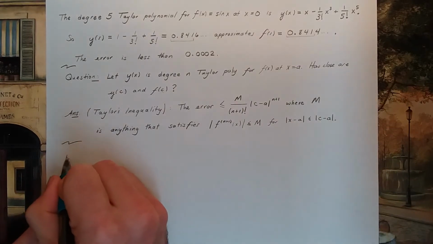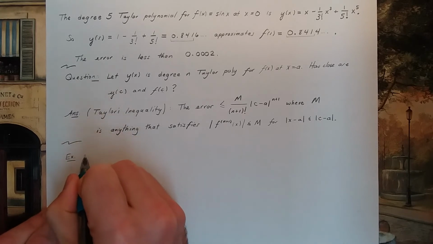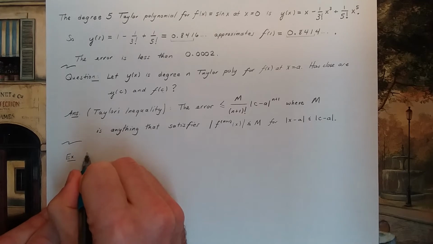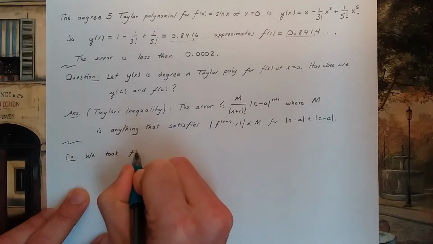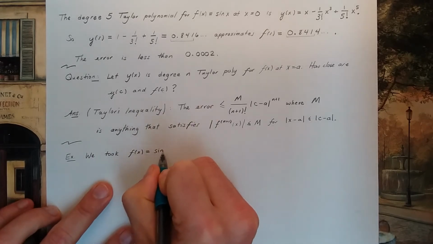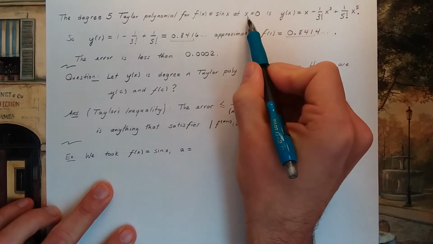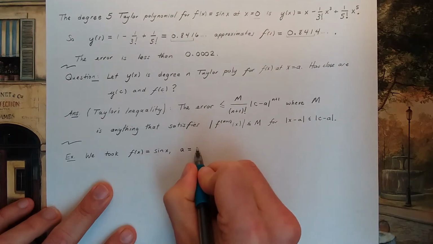So, example. In the above case, we took f of x to be sine x. Our a value, that's where we centered the Taylor polynomial, a was 0.